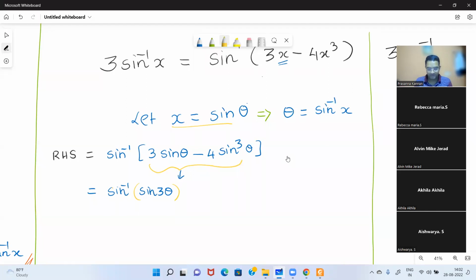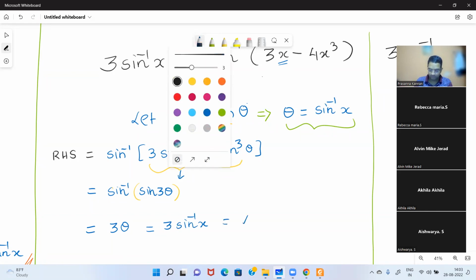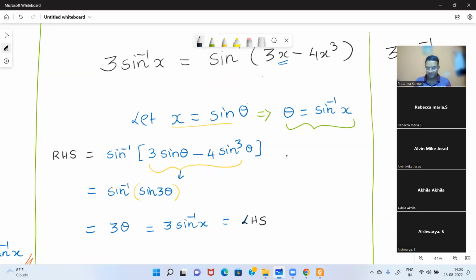Yes, sir. So what is sine inverse of sine 3 theta? 3 theta. But what is theta? Sine inverse x. Therefore, it will be 3 sine inverse x, hence the proof, which is LHS. Are you able to understand?